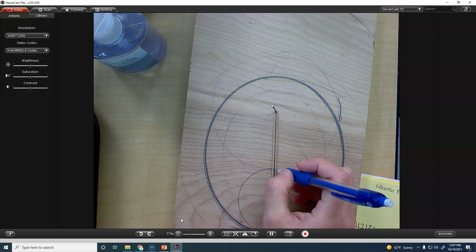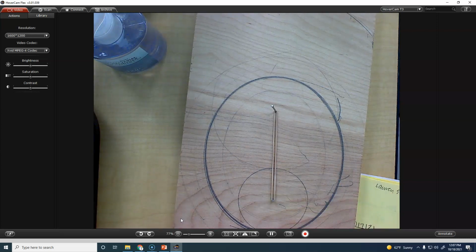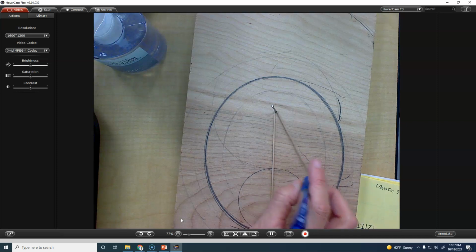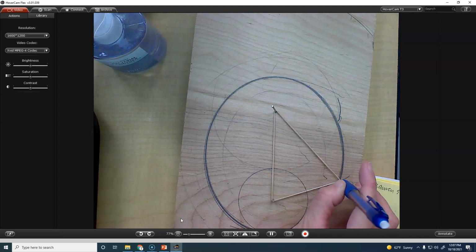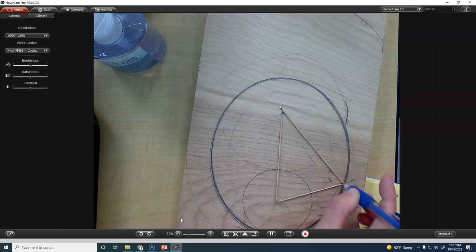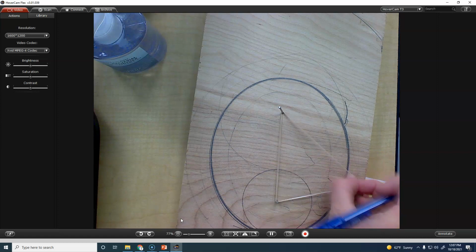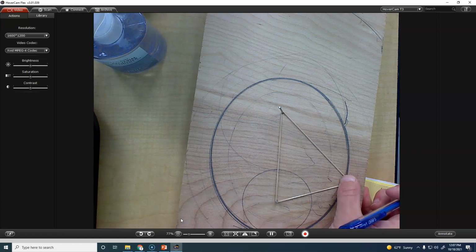So the foci are our two points, in this particular case, two nails in a board. And every point on our ellipse is going to be the same distance from the two points.